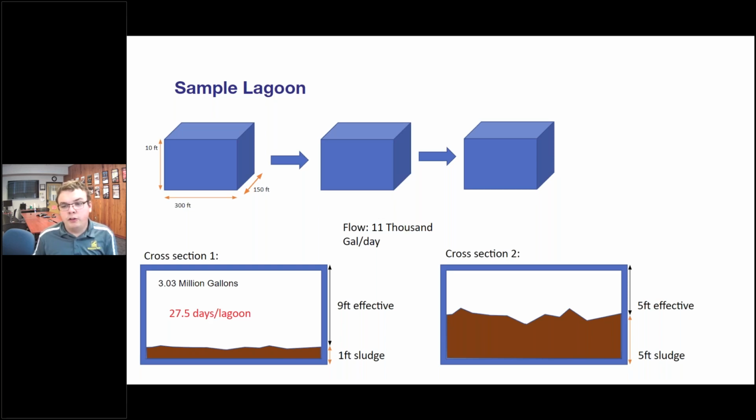However, in cross section 2, we only have a volume of about 1.7 million gallons. Dividing that by our flow rate gives us only about 15 days in that lagoon. So total, that's only about 45 days of retention time, which is about half of what we were expecting to get out of our lagoon system.